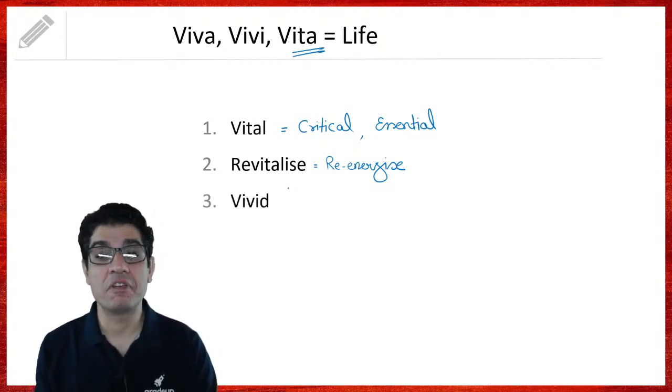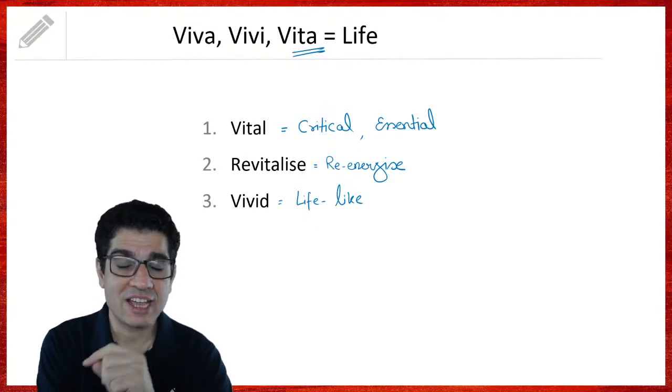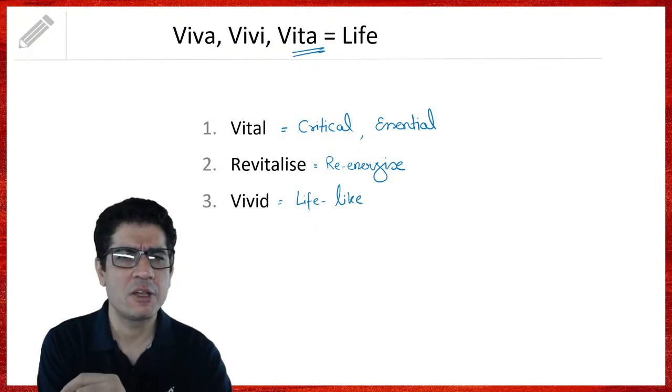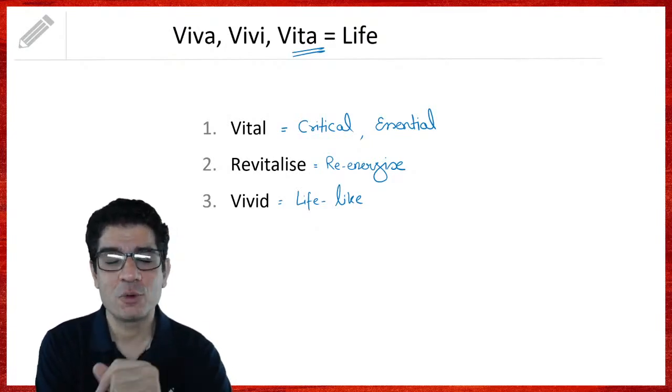Here is the next one, vivid. Vivid is life-like. If, for example, this is a word that a lot of TV companies use, they tell you that they give you vivid picture quality. So picture quality that is so amazing that you'd forget you're watching TV.